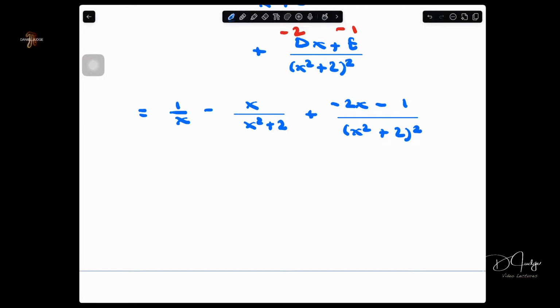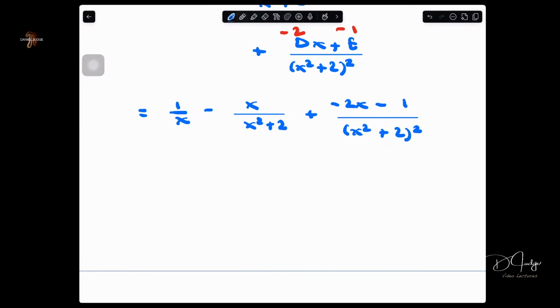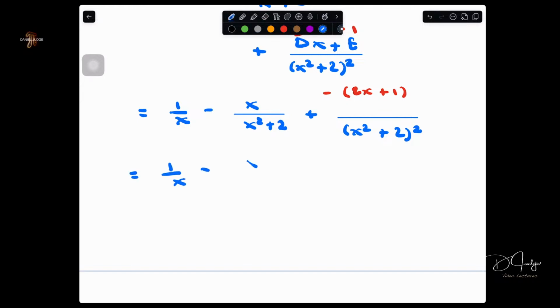Now, what we're going to do is factor out the negative, sorry, we'll have 2x plus 1 here. So what that does is we have 1 over x minus x over x squared plus 2 minus the quantity 2x plus 1 over x squared plus 2 squared.